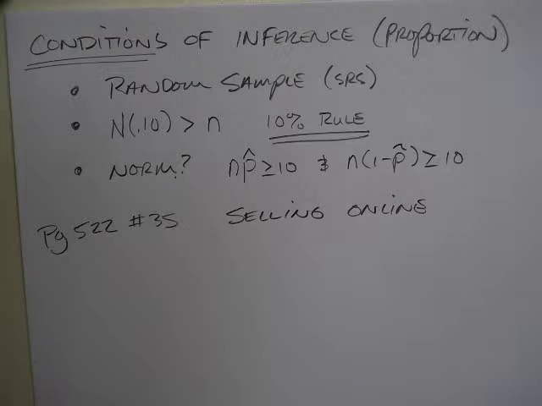So this problem says that according to a recent Pew Research Center, which, by the way, those guys usually do a pretty good job of statistics, many American adults have made money by selling something online.